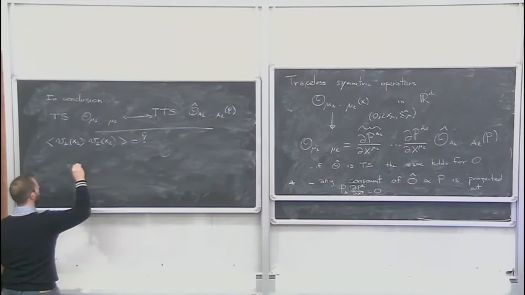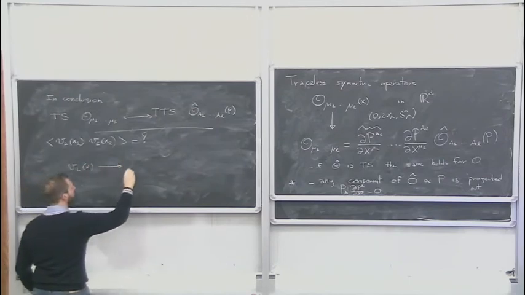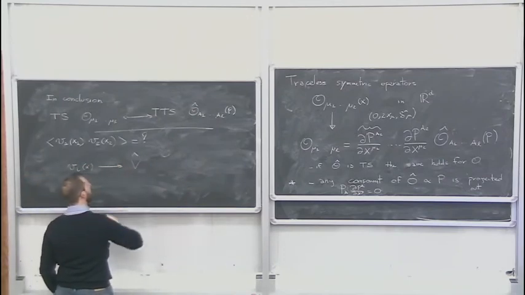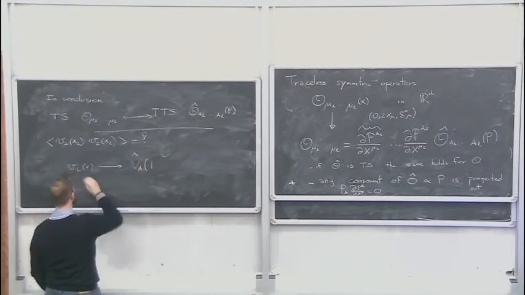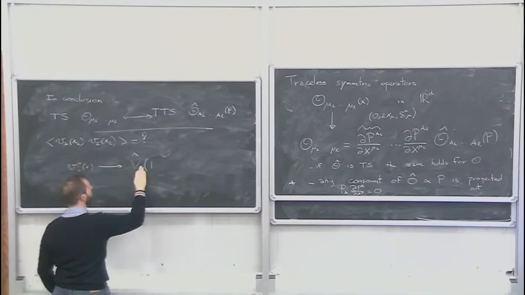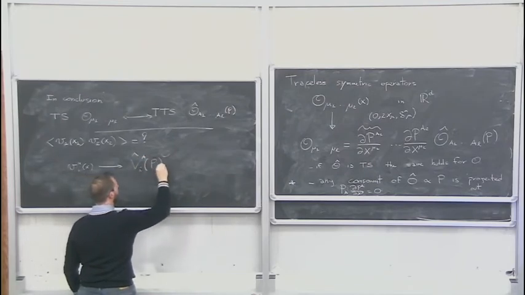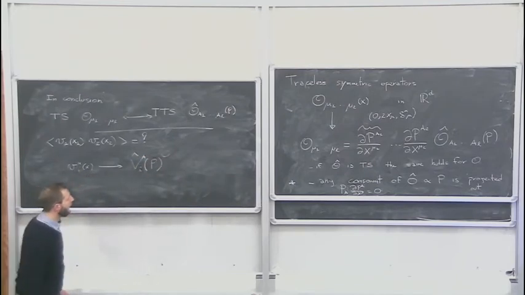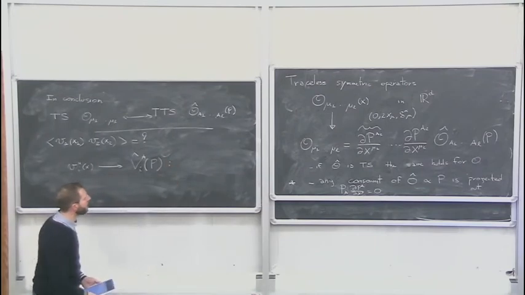We can identify v_i of x with a vector in embedding space, just one index, that depends on the coordinate. This object is required to have two properties.